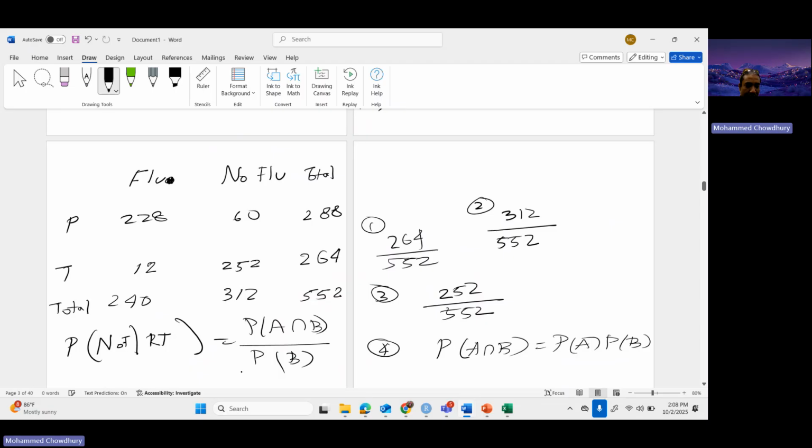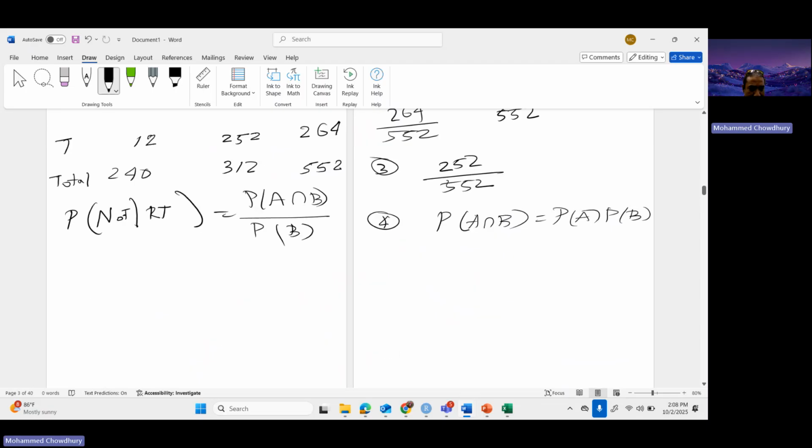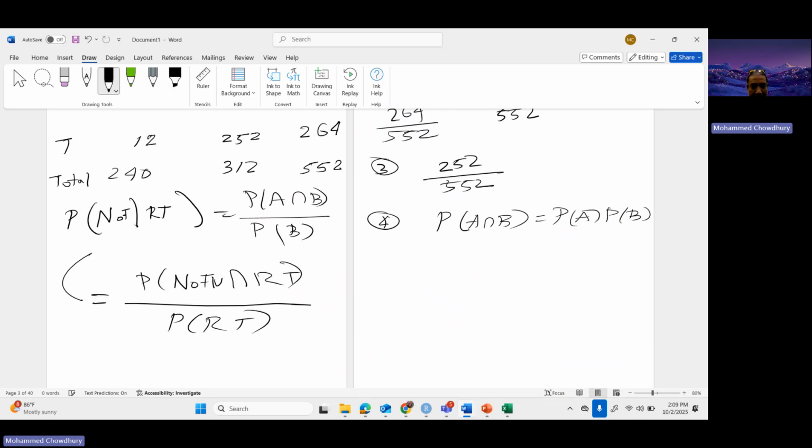Okay. So how can you do that? You can do these things by using this. Probability of no flu intersection receiving treatment divided by probability of receiving treatment. So probability of receiving treatment equal to what?